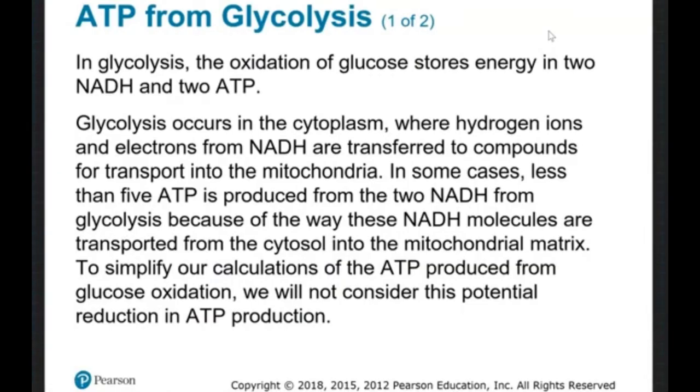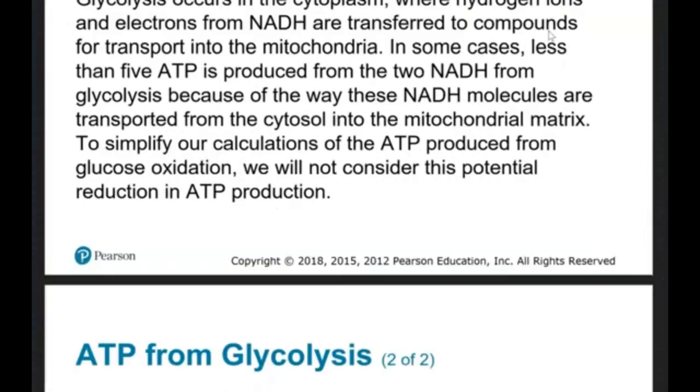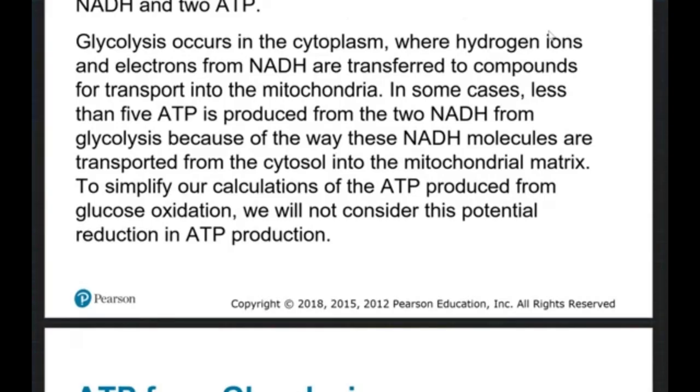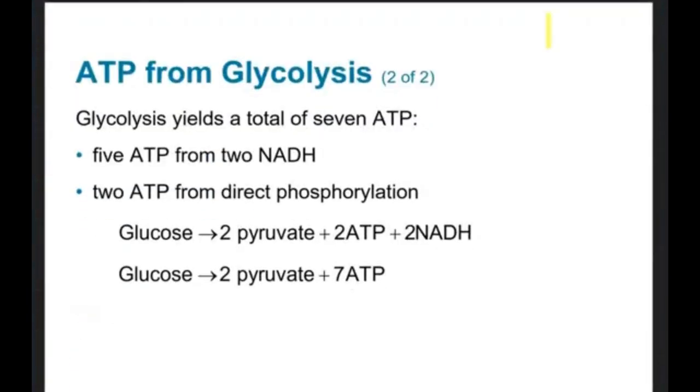Now, considering the fact that glycolysis, which by the way occurs in the cytoplasm, produces 2 NADH, okay, and 2 ATP molecules. This is the calculation of how much ATP is generated from glycolysis during that oxidative aerobic process.